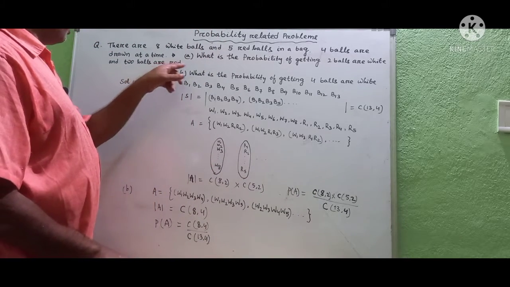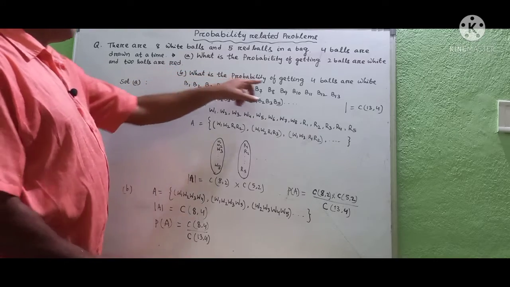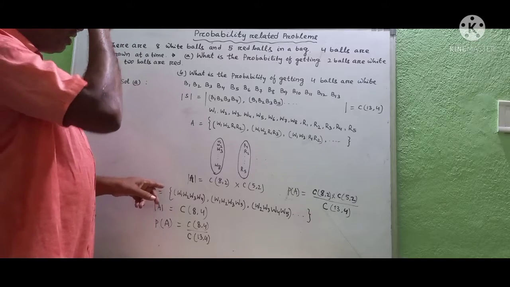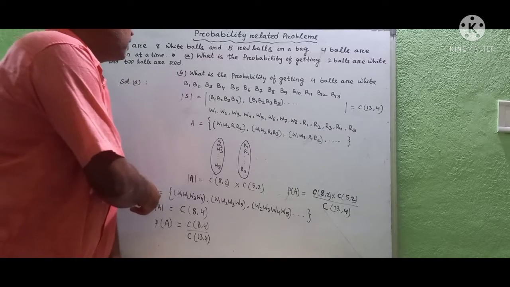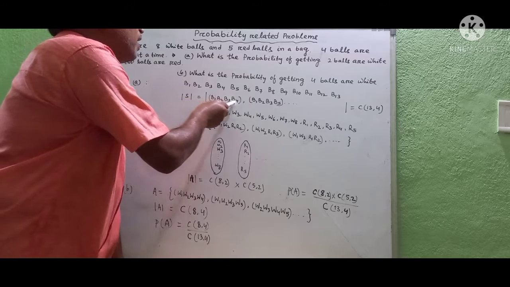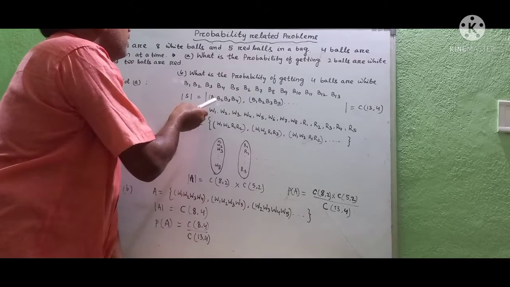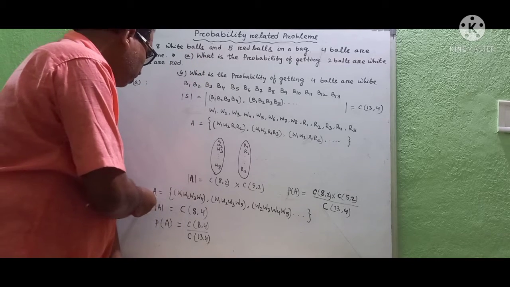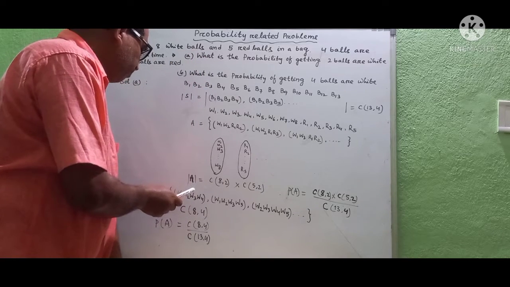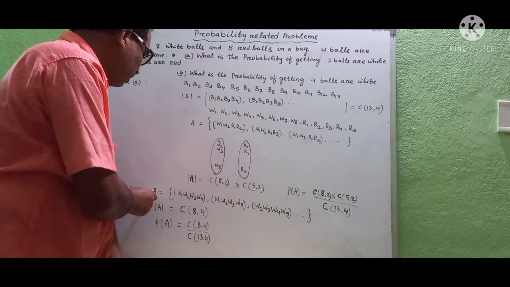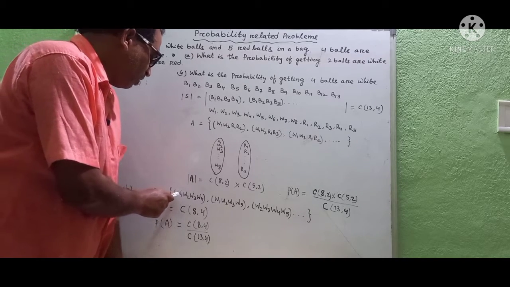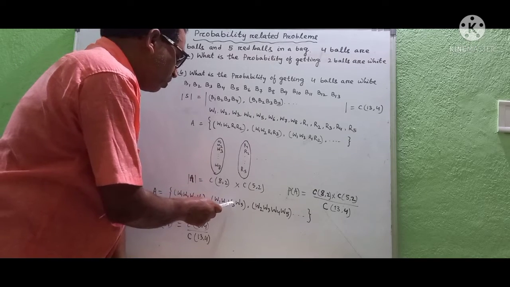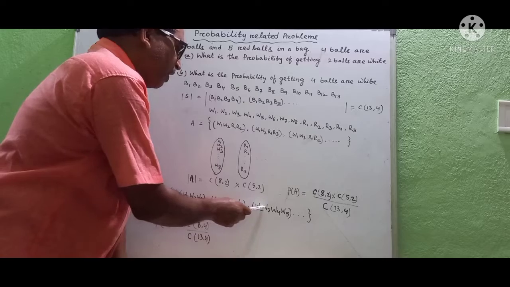You see the next question, B. What is the probability of getting 4 white balls? You see the sample space will be like this, as in the previous question. Now I am illustrating only event A: W1, W2, W3, W4, W1, W2, W3, W5, like this.